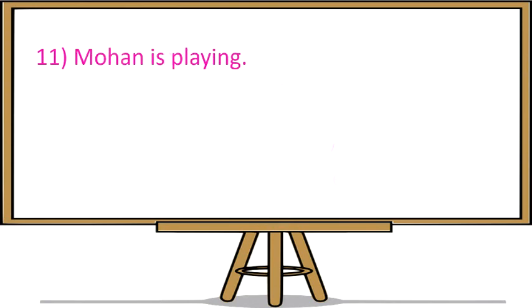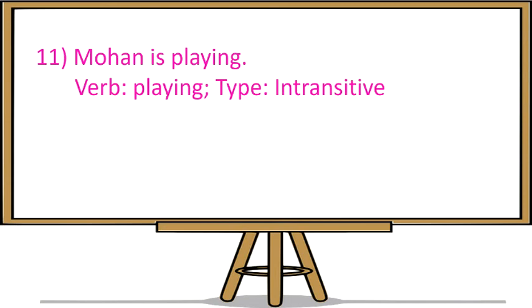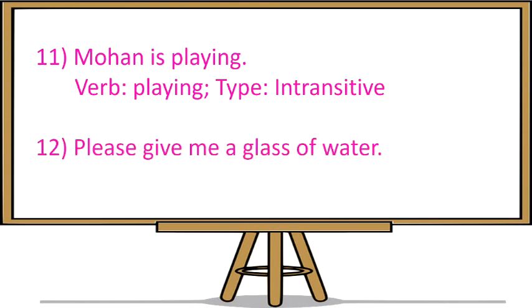Okay? Next we have, Mohan is playing. Again, the subject is Mohan. Playing is the verb and there is no object in the sentence. So the verb is intransitive. Next, please give me a glass of water. What is the verb? Very good. Give.